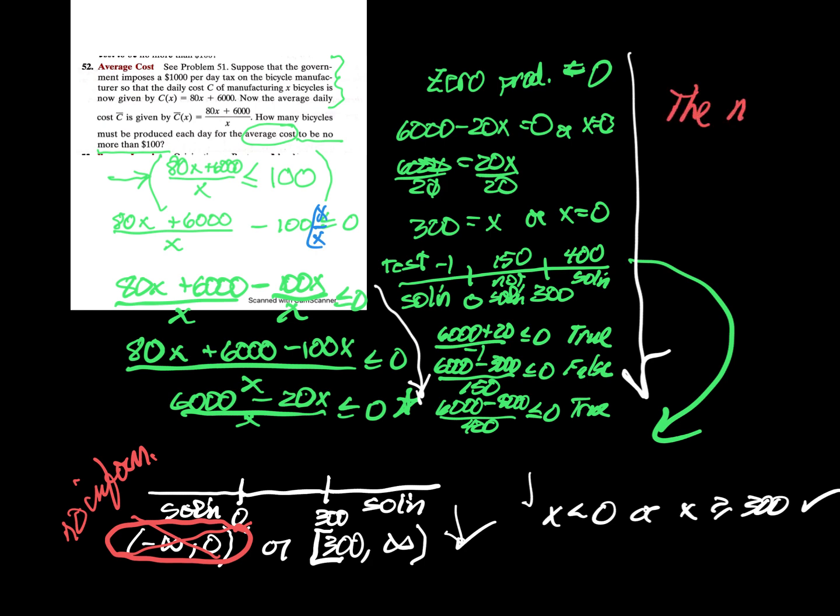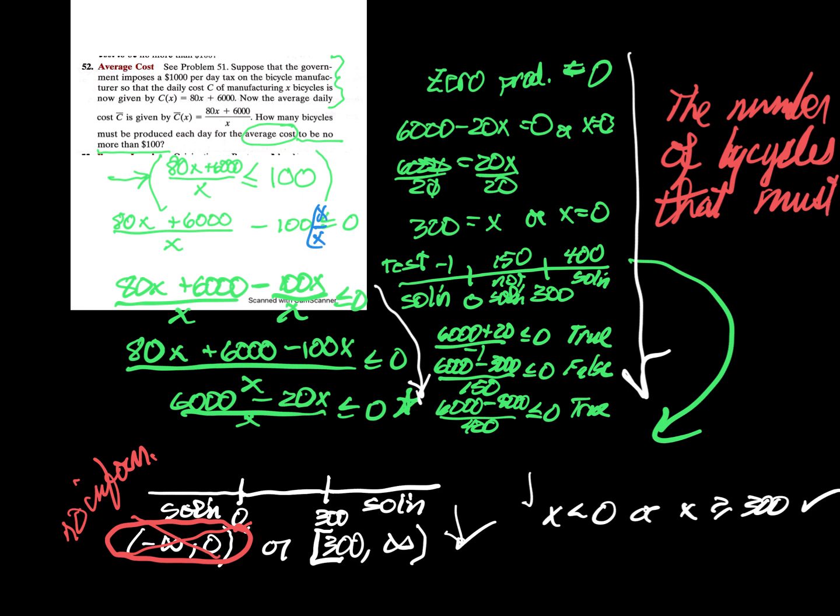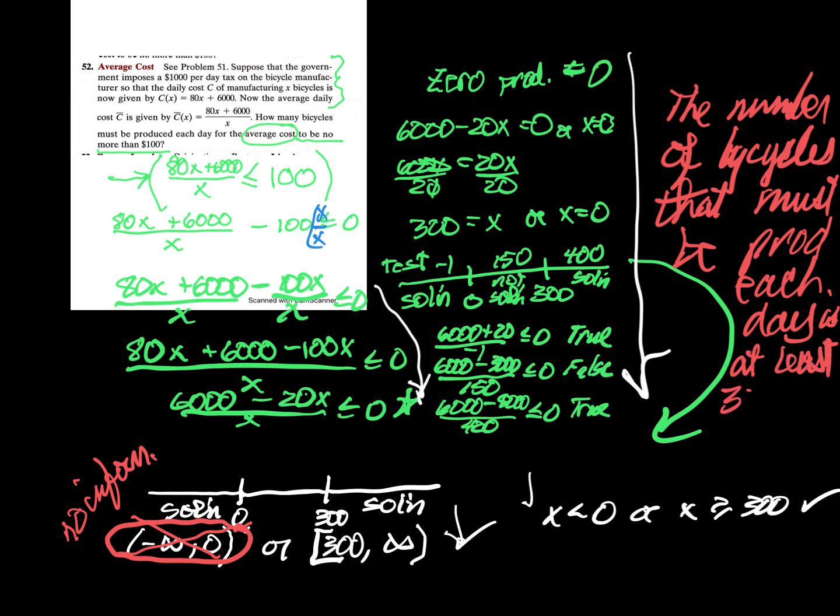You would write the number of bicycles that must be produced each day is at least 300, which is x greater than or equal to 300, or in interval notation, 300 to infinity. All right?